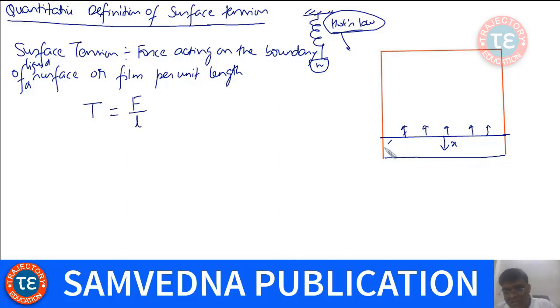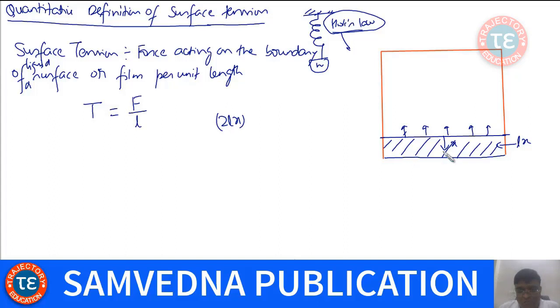In that case, the surface area will increase by how much? Lx. If I apply force on the slider, and as an action of this force the slider moves by a distance of x, then the area of the film increases by how much?